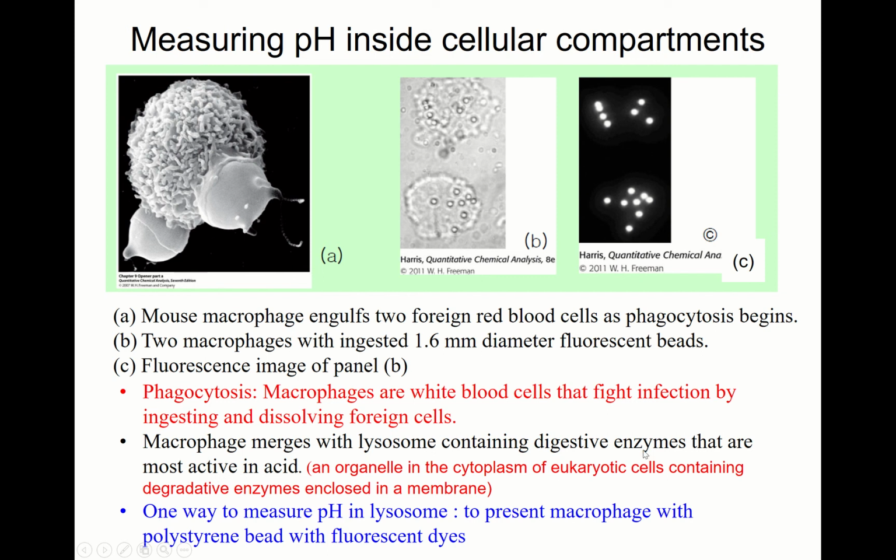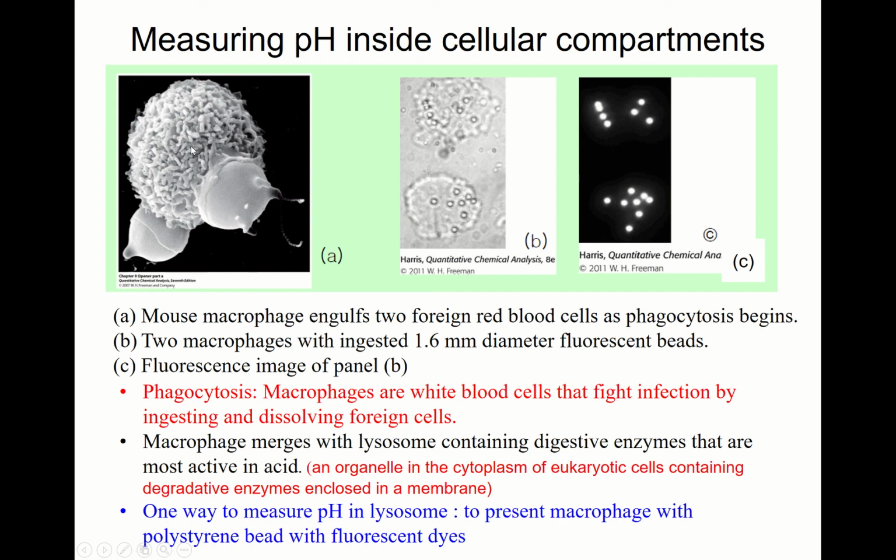It contains the enzymes that digest foreign species. The lysosome is an organelle in the cytoplasm of eukaryotic cells containing digestive enzymes enclosed in a membrane. The important point is that this enzyme activity is most active in acid, not in neutral or basic conditions. So it is important to measure the pH inside the cell.